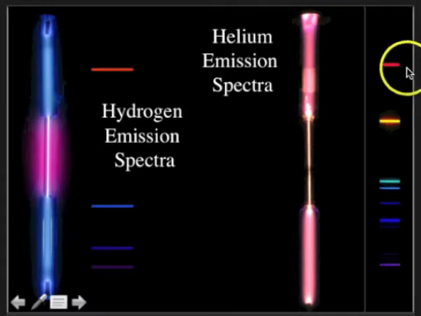The spectrum showed up and they realized that no element known at that time had this particular line spectrum. And so they named this element after the Greek god for the sun, which was Helios. So helium comes from Helios.